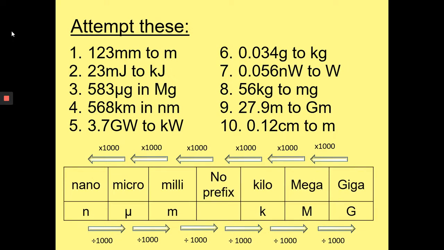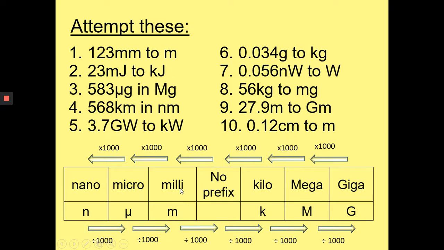So what does that mean then? I want you to have a go and see if you can convert these different units into the units that they're asking for. So for the first one, I'm going to talk you through it, and then you're going to have a go at the remaining 9 questions. So number 1, 123 millimeters. So I would look here, and I'm in the milli box.